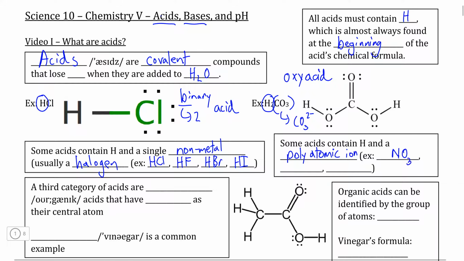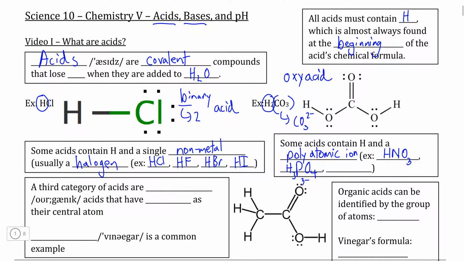For example, if we take the polyatomic ion nitrate that has a -1 charge and add one hydrogen to it, we would get another example of an oxyacid. If we were to take the polyatomic ion phosphate with a -3 charge and add 3 hydrogens to compensate for that, that would be yet another example of an oxyacid.